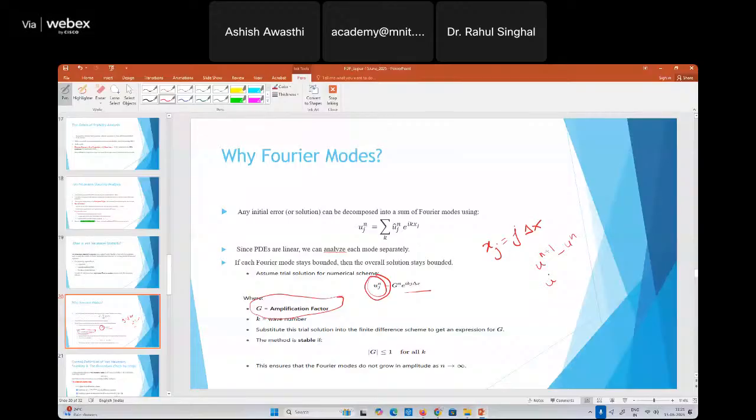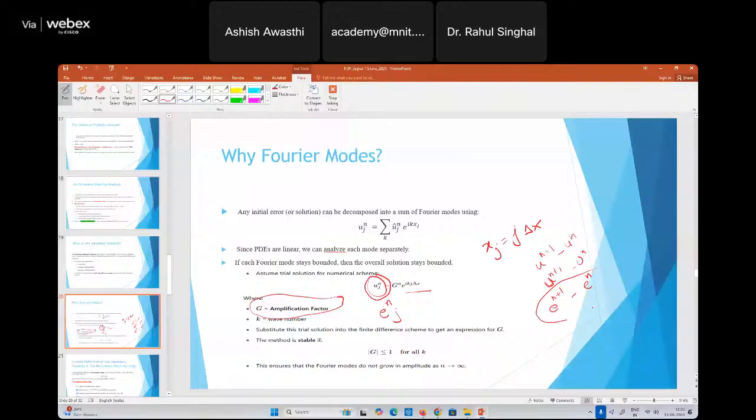So what he thought is, if we can write this error in the form of Fourier modes, or by using the Fourier series, then what is the benefit? The benefit is that the error is given in oscillation form, like a sine, right?